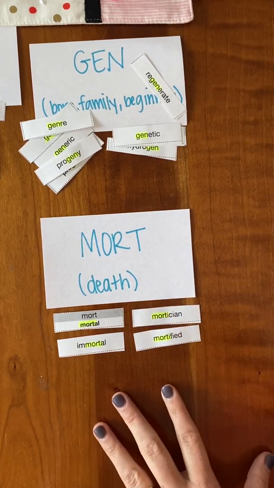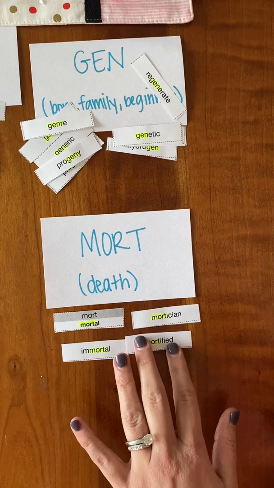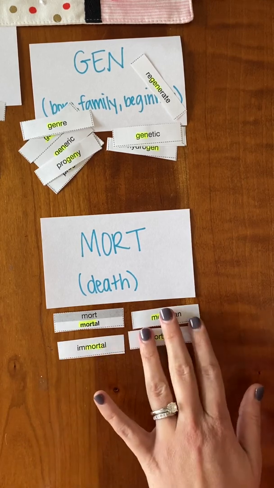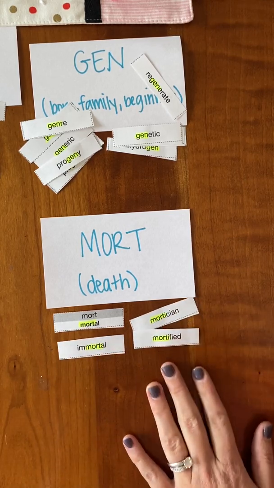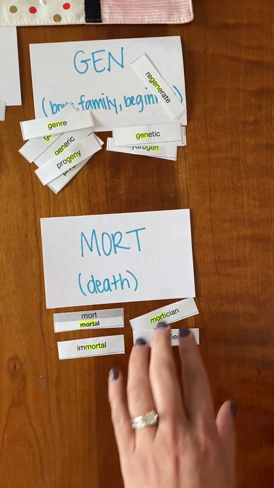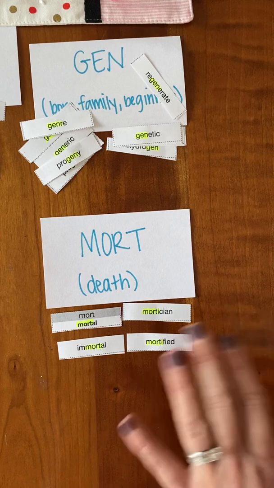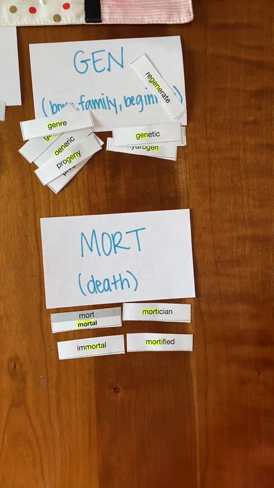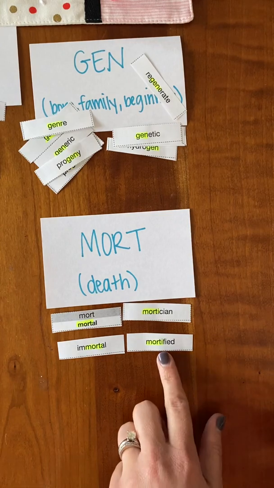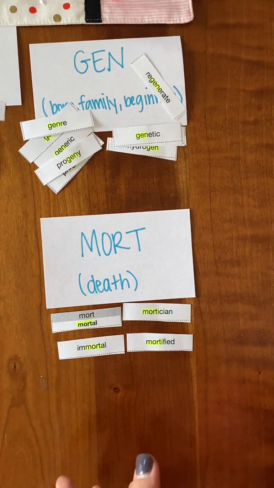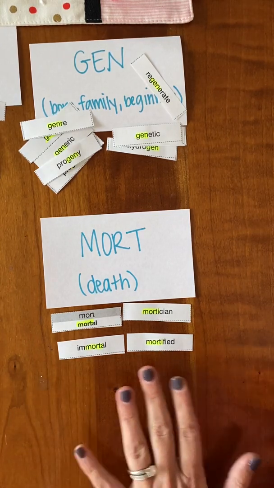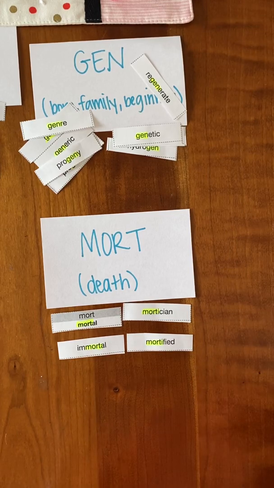So before, in the 1500s and 1600s, this word used to mean you were dead to sin or the world, like you had done something so awful it was unforgivable, right? You were mortified that you had done this sin, and eventually the word morphed and changed to just mean really embarrassed.